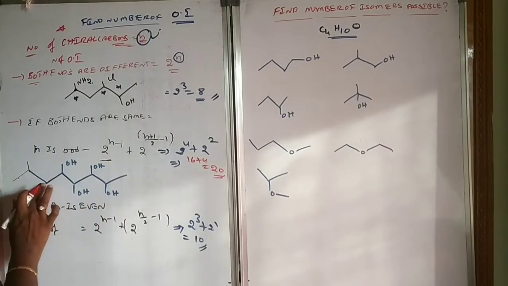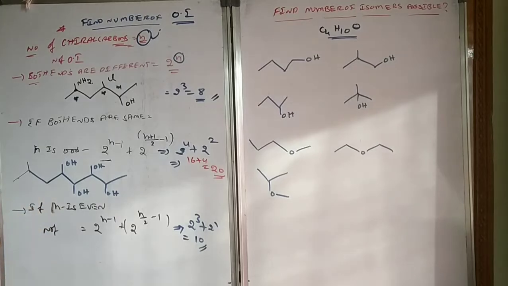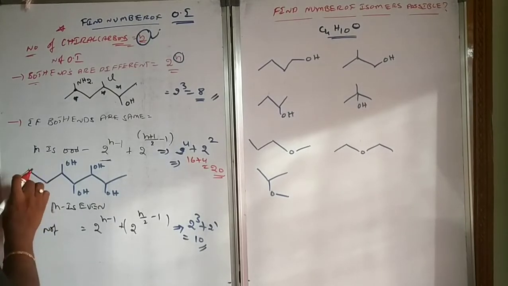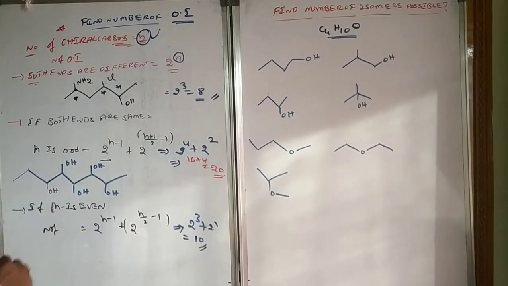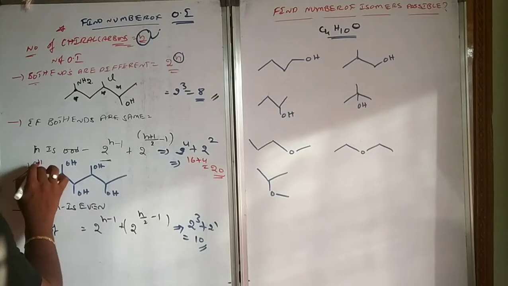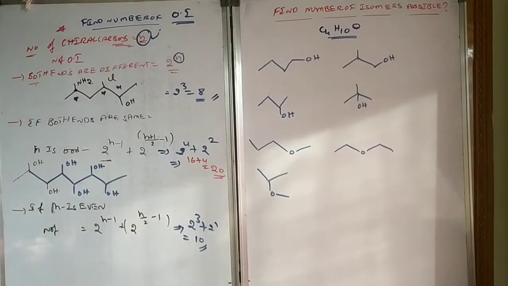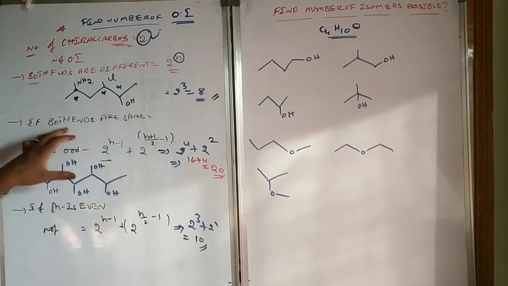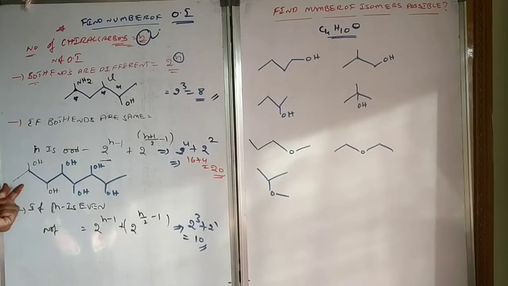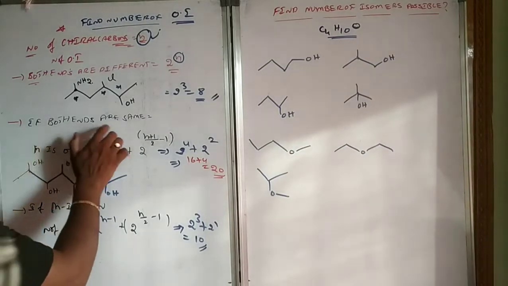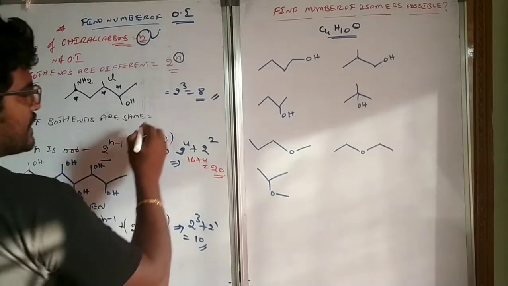So that's why what I will do is, now you see this compound I am taking, if both ends are same, here ending methyl is present and ending methyl is there.